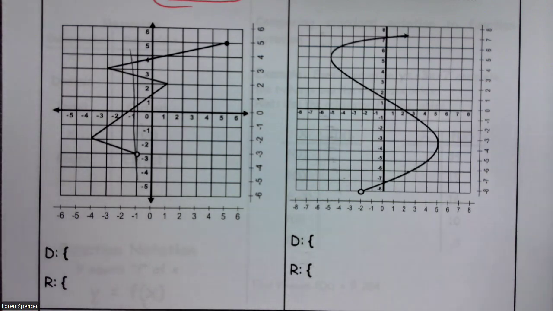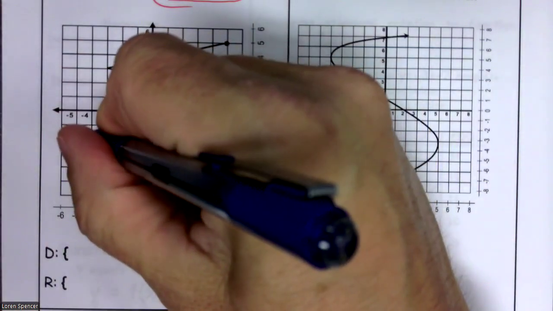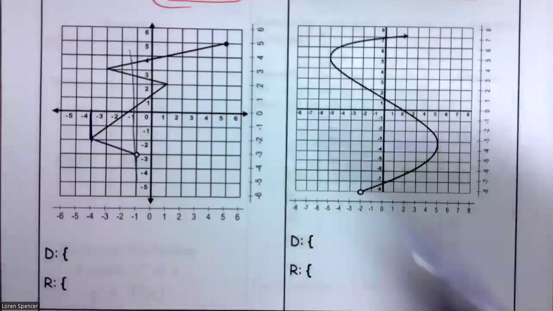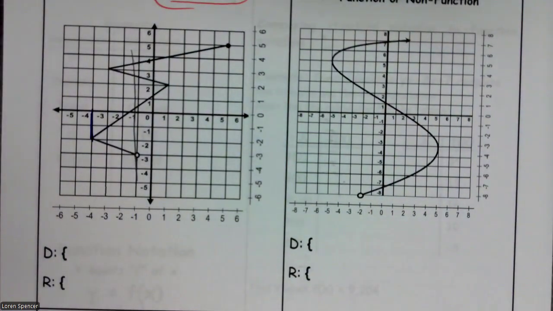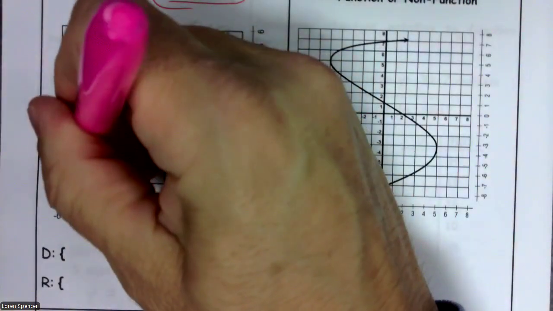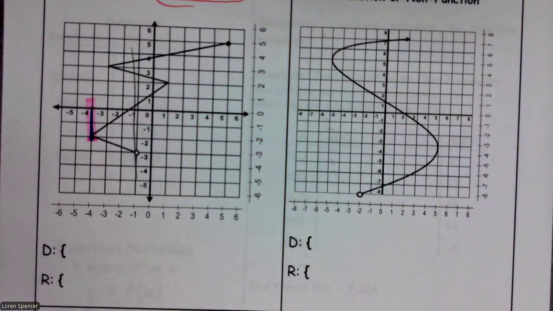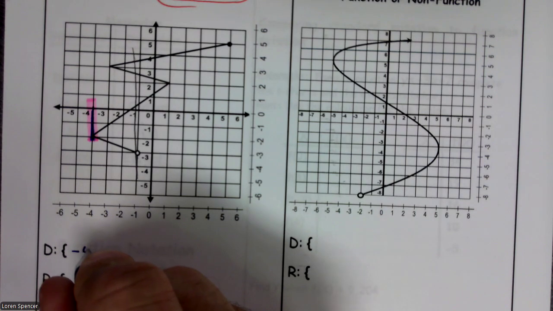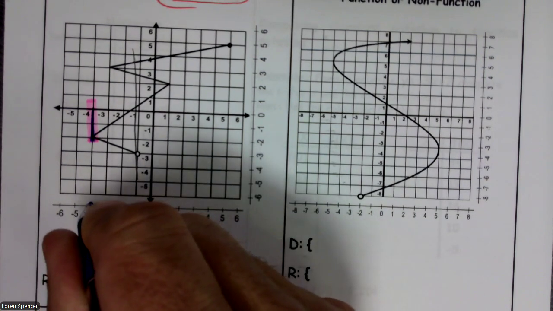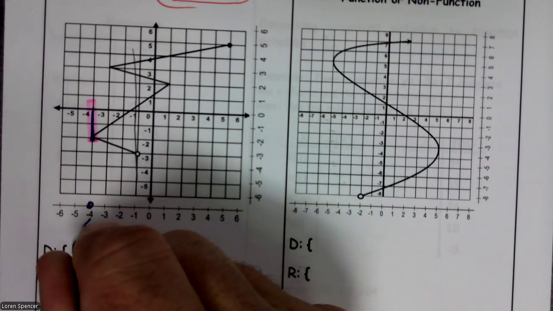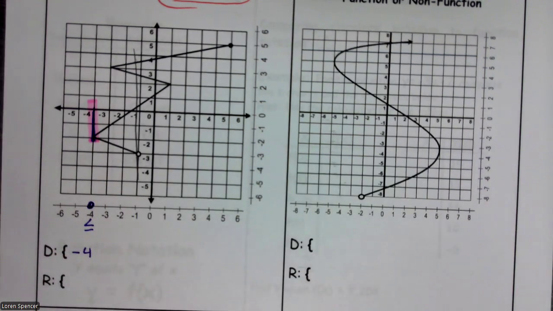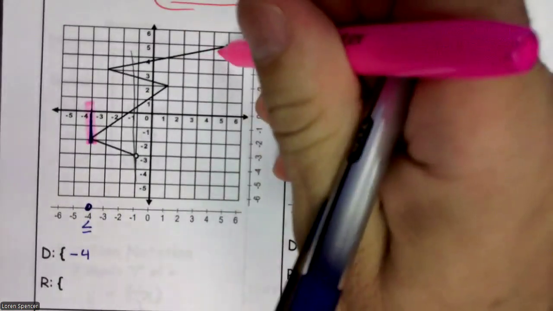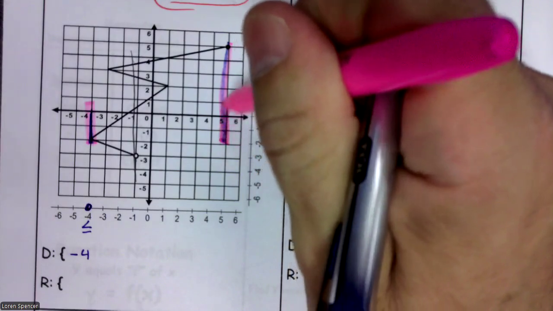We're drawing to the x-axis, but furthest to the left. Let me use a color or a highlighter because it shows up better. Furthest to the left there is at negative 4. And that's a solid line, so it gets a solid dot, which means it gets a less than or equal to. And furthest to the right is positive 5.